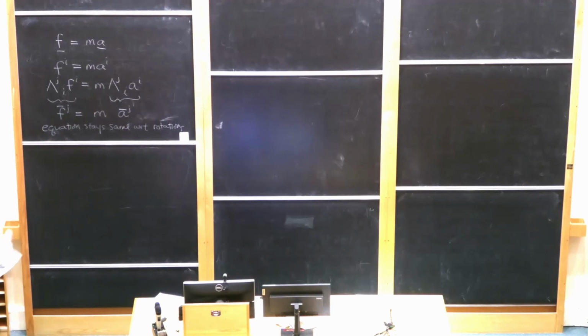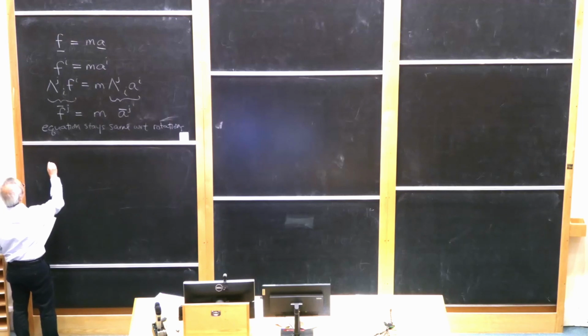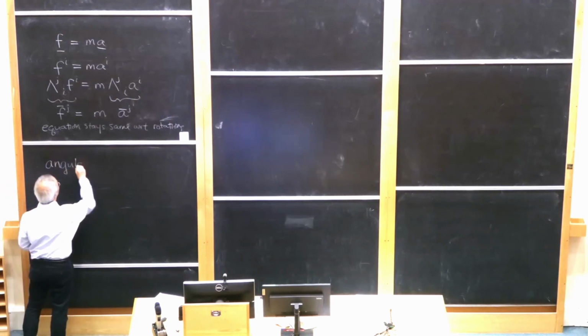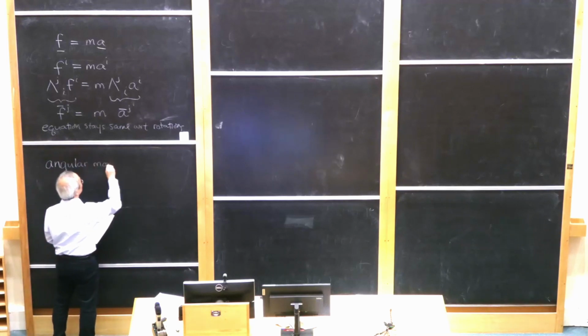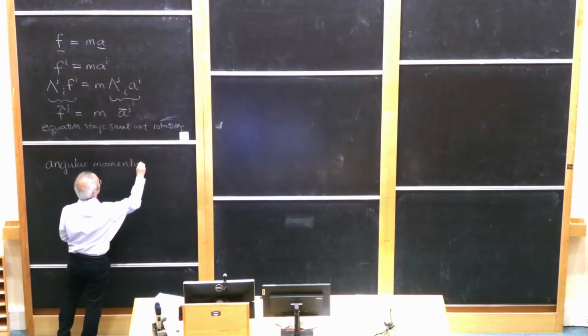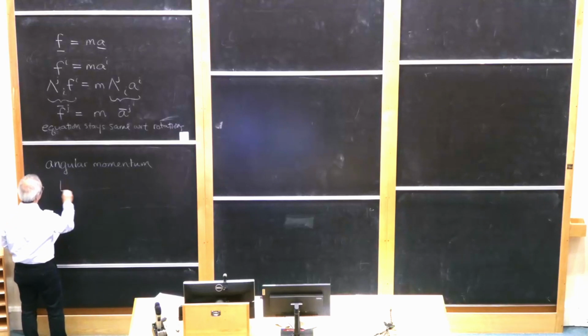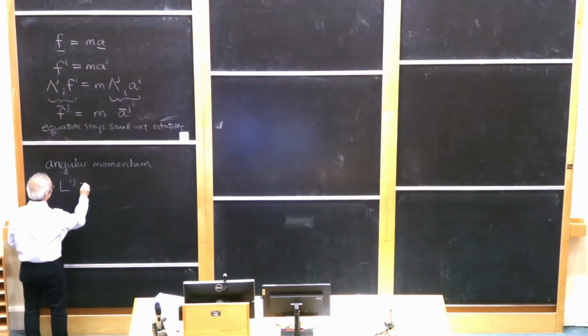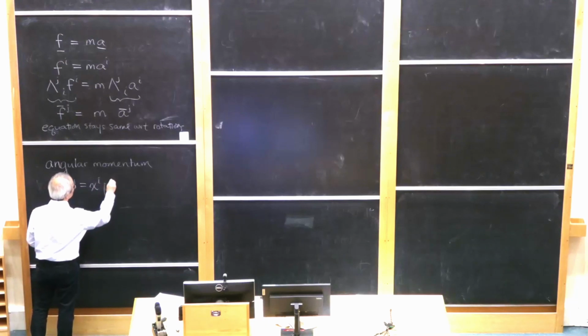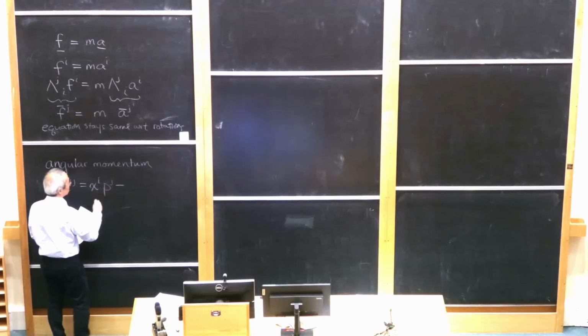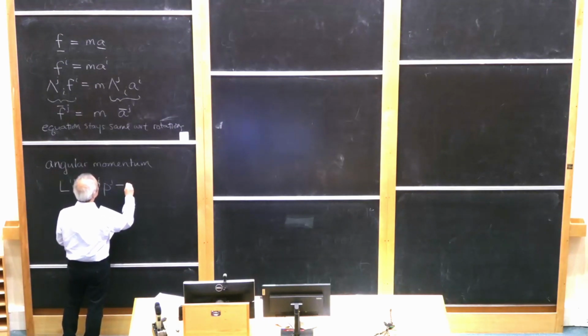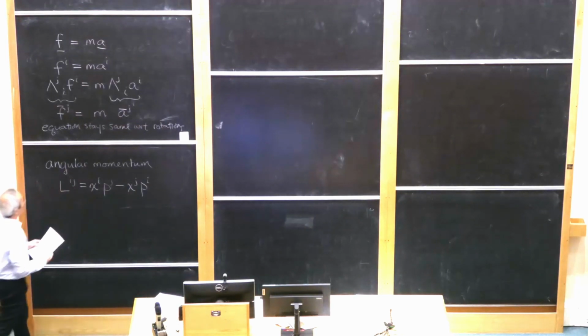You'll have to trust me a little bit on this first, because we're going to write angular momentum again, but in this form: L ij is equal to x i p j minus x j p i, with the three-vectors x and p.